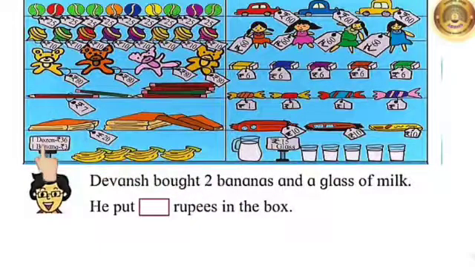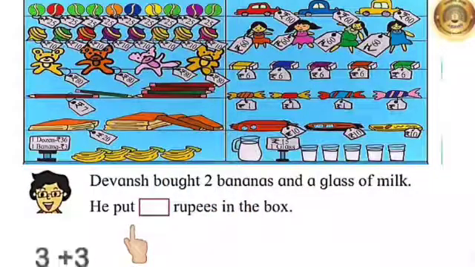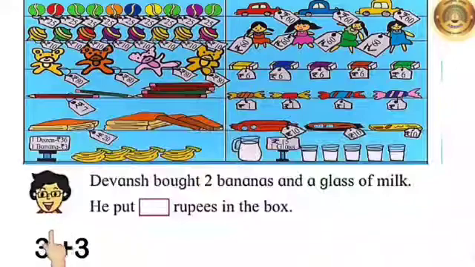Here they have given you the cost of 1 dozen bananas, that is 36 rupees. 1 dozen means 12 bananas, and the cost of 1 banana is equal to 3 rupees. Then how many bananas did Devansh buy? 2. So we have to add 3 two times. Means each banana costs 3 rupees.